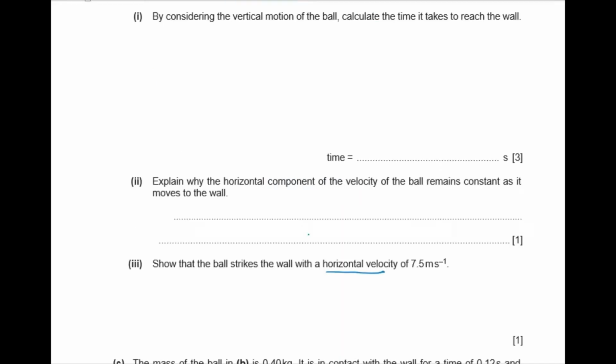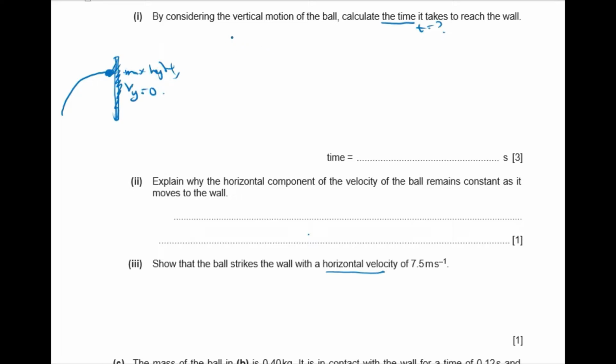One, by considering the vertical motion of the ball, calculate the time taken to reach the wall. Calculate t. Okay, so when the ball reaches the wall, it looks something like this. This is the wall and then the ball. When the ball reaches the wall, it is at maximum height. So we know that at maximum height, Vy equals 0.